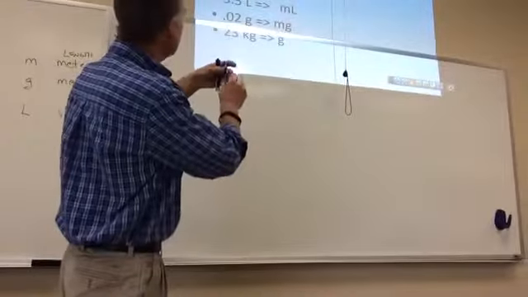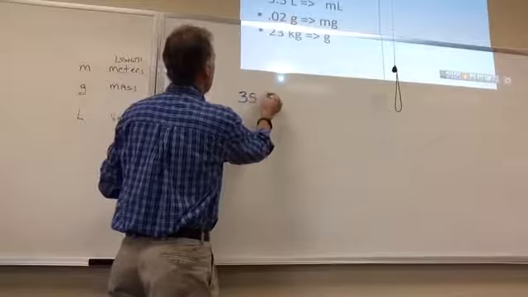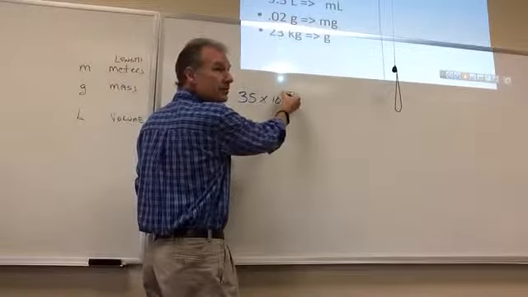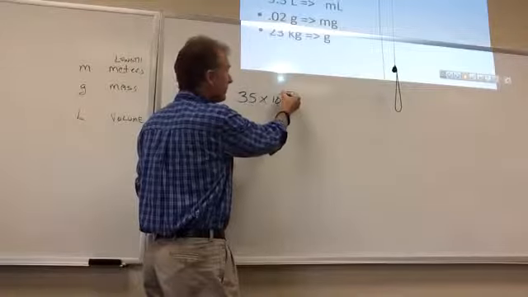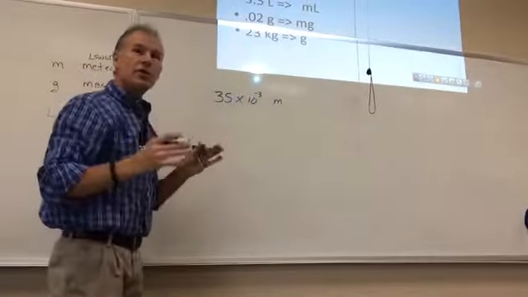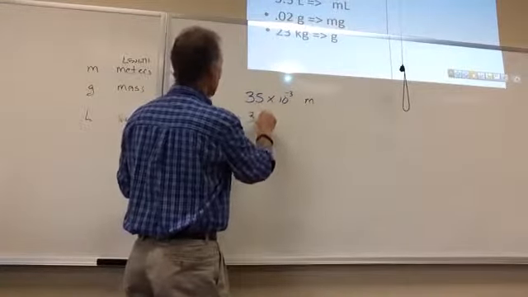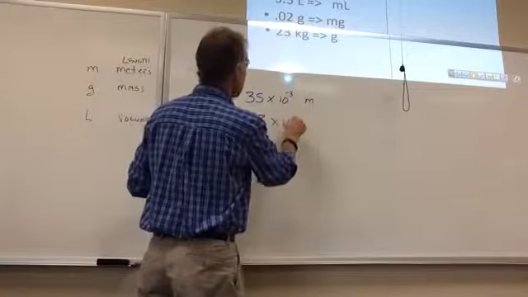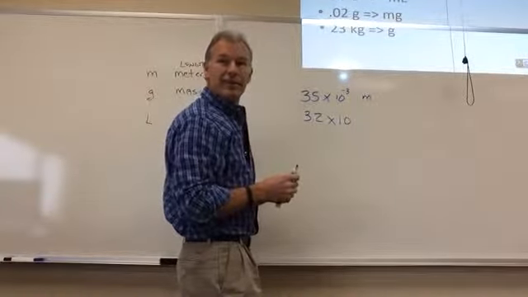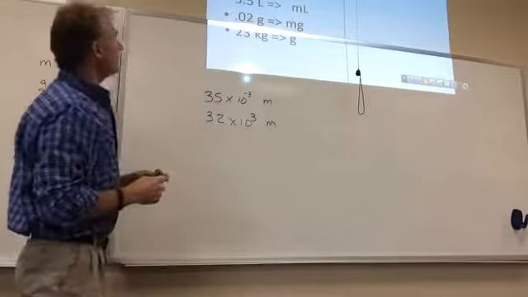So again, the way you would do the first couple, you would simply go 35 times 10 to the, and what's milli, the lowercase m? To the negative 3 meters, right? You've done the conversion. It's just as simple as that. And the next one down, you would go 3.2 times 10 to the, K's for 10 to the third meters.